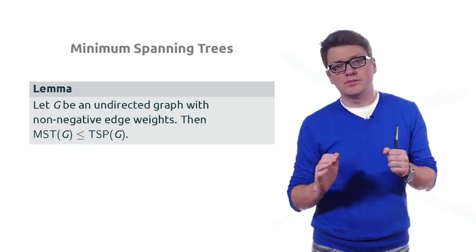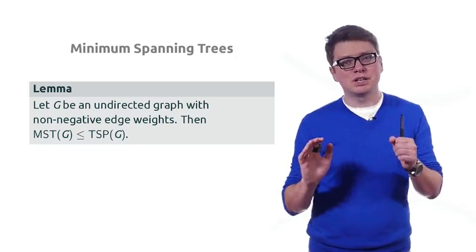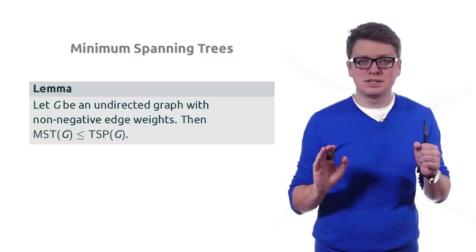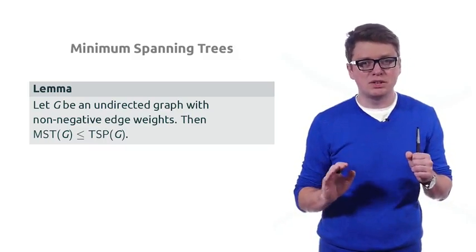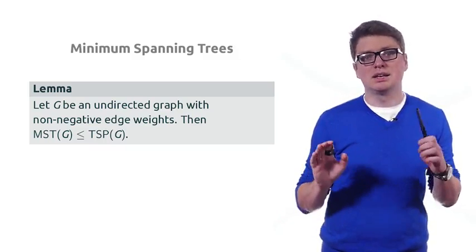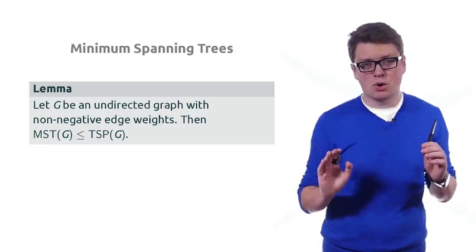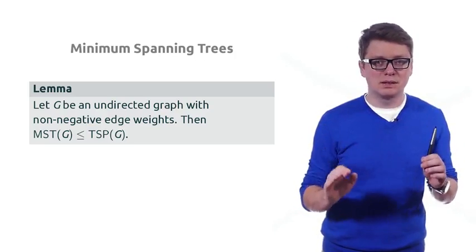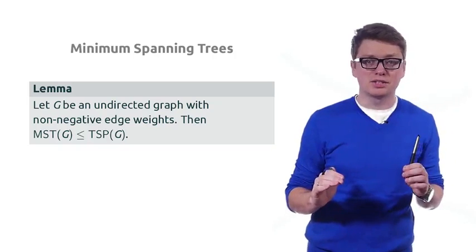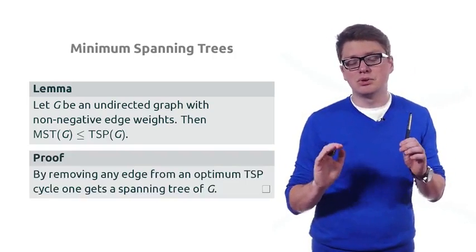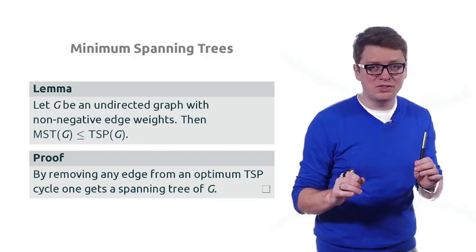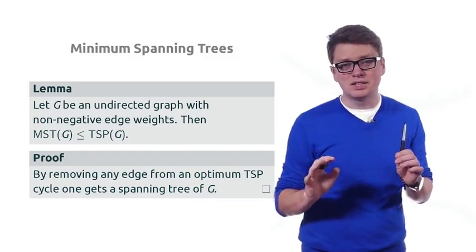Okay, so first of all, let me remind you that for a non-directed graph, we know that the weight of the minimum spanning tree is at most the length of the optimal traveling salesperson cycle in this graph. And this is true not only for metric graphs but for any graphs. And the reason is simple.